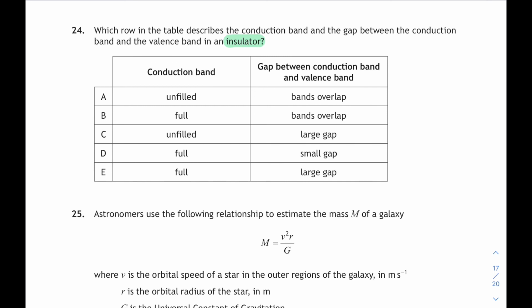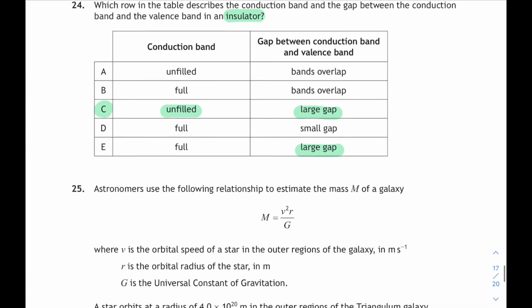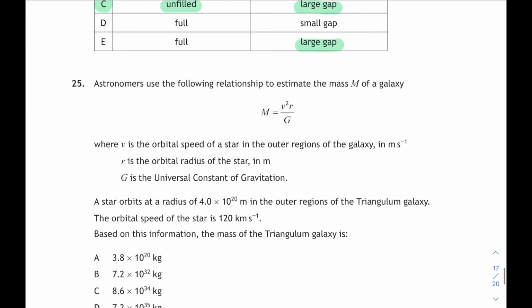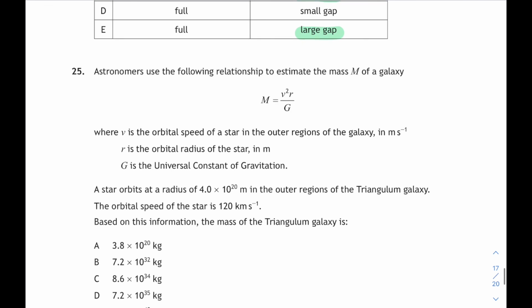So if we have a large gap between the conduction band and the valence band, the only possible answers are going to be C or E. Then let's think about the conduction band. Well, in an insulator, the conduction band is unfilled. That's 24C.